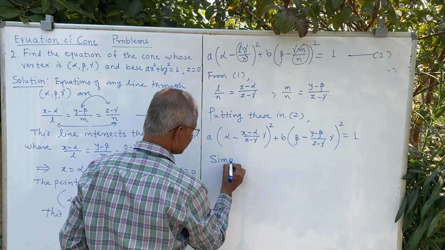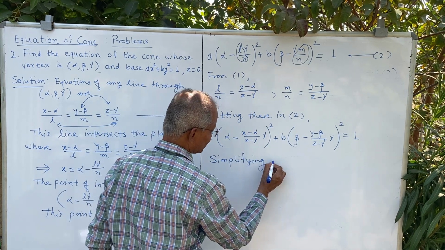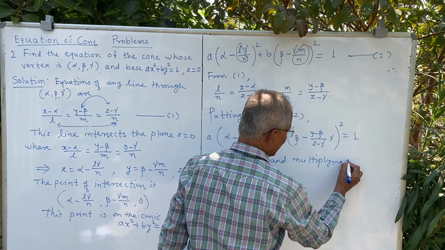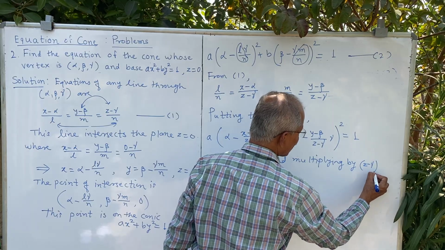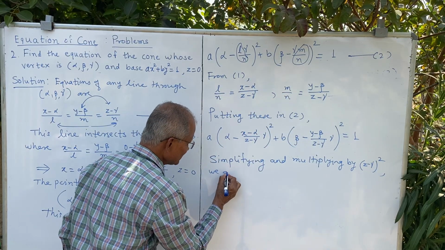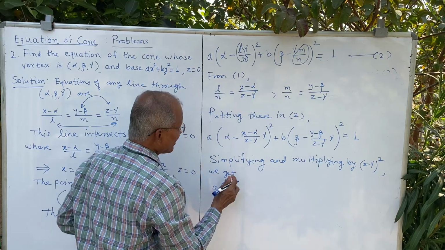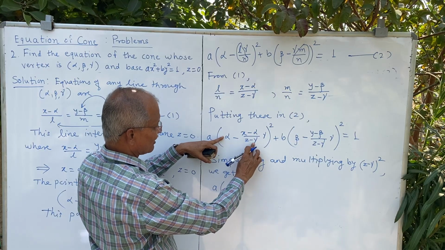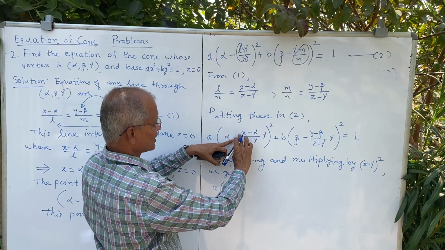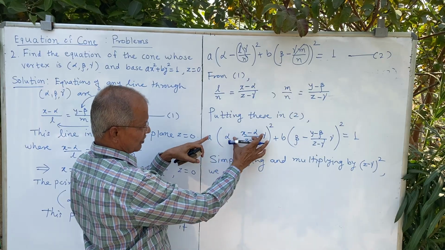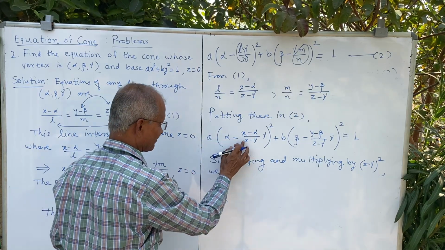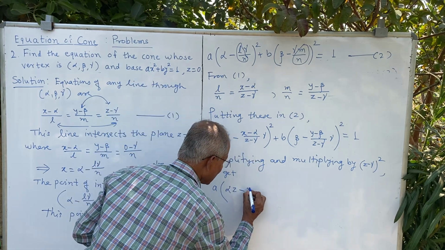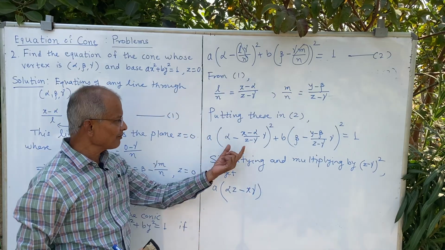Simplifying and multiplying by z minus gamma whole square, we get, now see, the simplification will be a, this is cross multiplication, alpha z minus alpha gamma, and then minus x gamma plus alpha gamma. So, the alpha gamma term cancels, and what remains is alpha z minus x gamma, and we are multiplying at the same time by the denominator square.